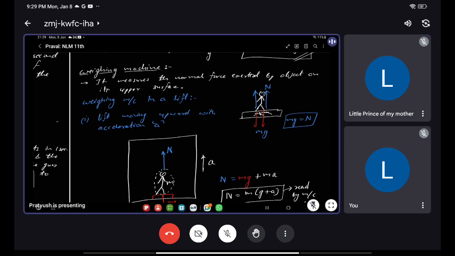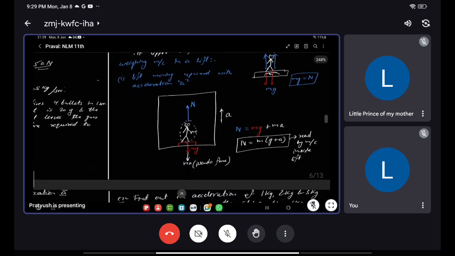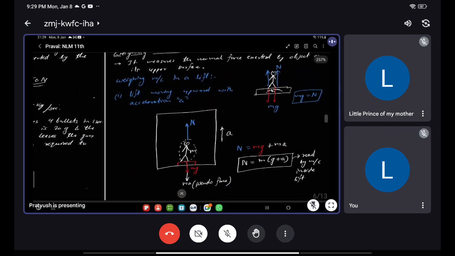It means acceleration due to gravity is increasing. By what factor it will increase? By the same factor with which the lift is going up. Okay. So because of pseudo force, the total acceleration will be in downward direction only.